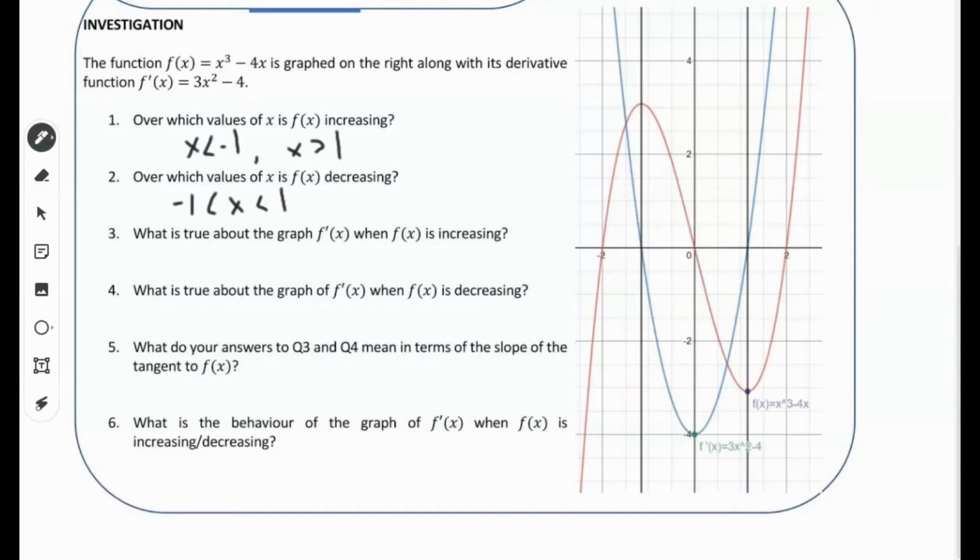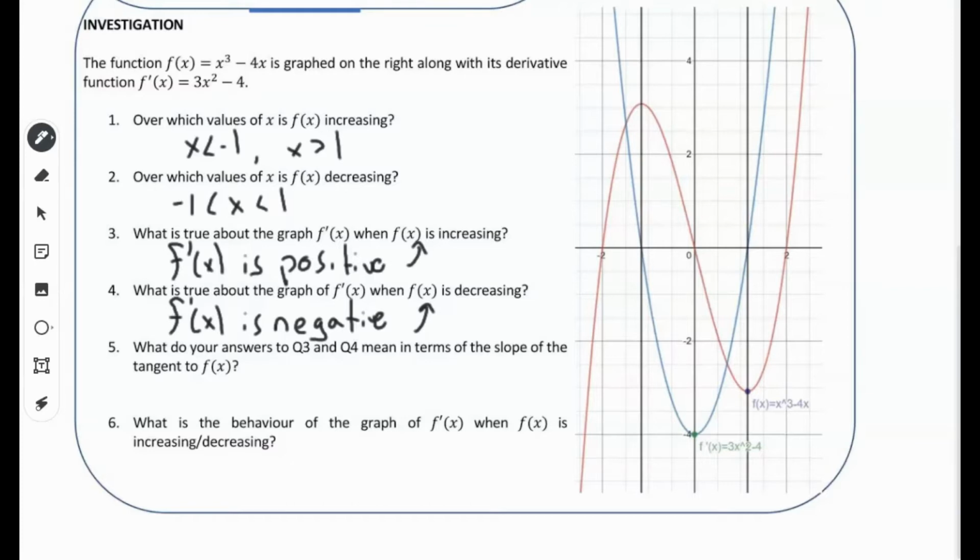So f prime of x is positive when f of x is increasing. And we can also observe the opposite. When f of x is decreasing, we'll notice that our derivative is negative. So we can say f prime of x is negative when the function is decreasing.